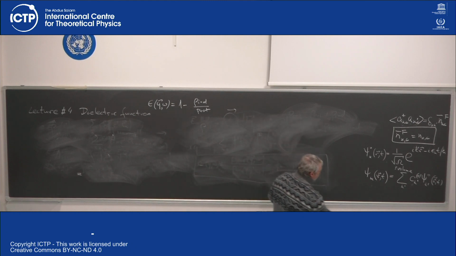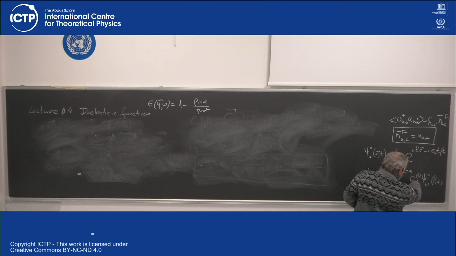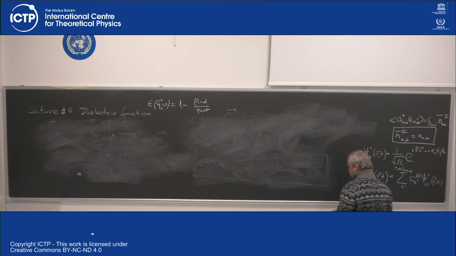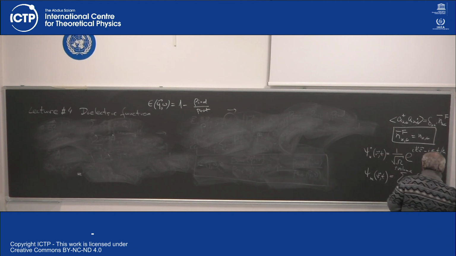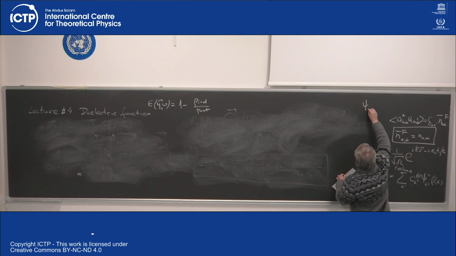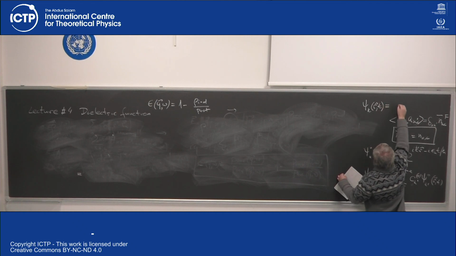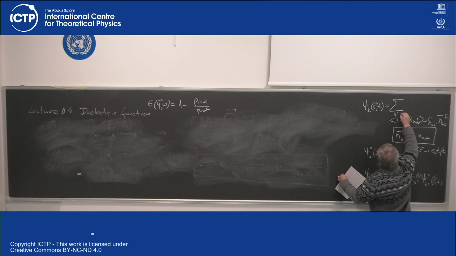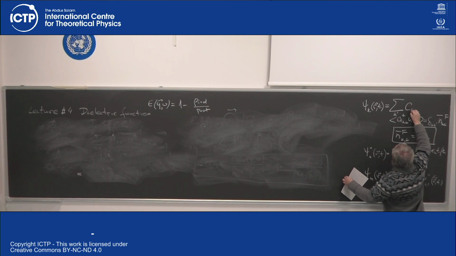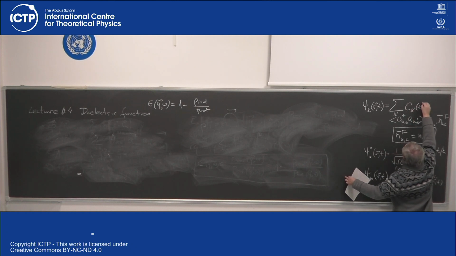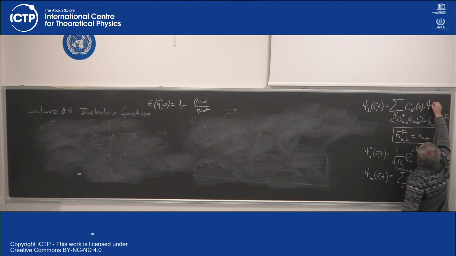So here we have C with a sub-index k prime as a function of time, times psi_k(r,t), is equal to the sum over k prime of c_k'(t) times psi_k'^0(r,t).